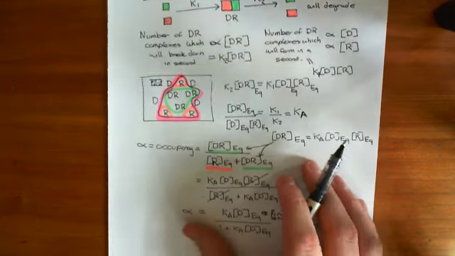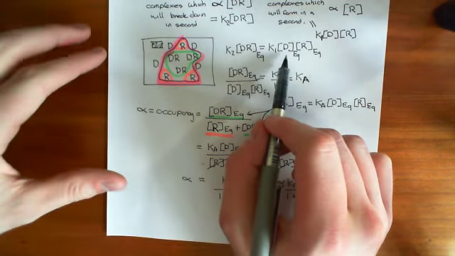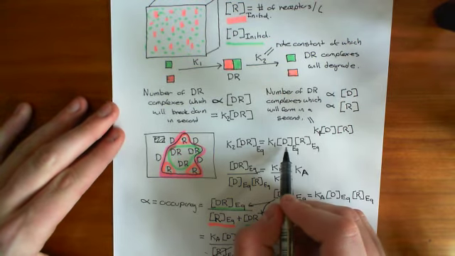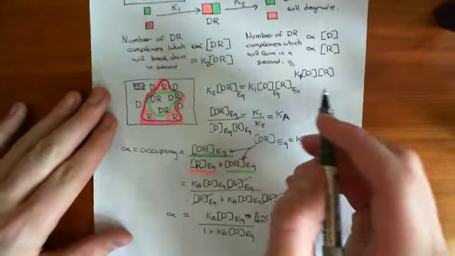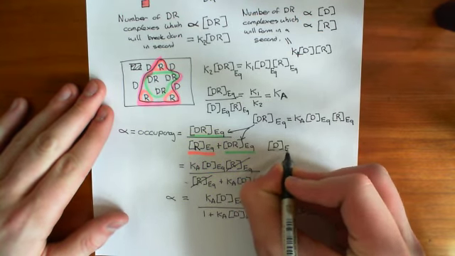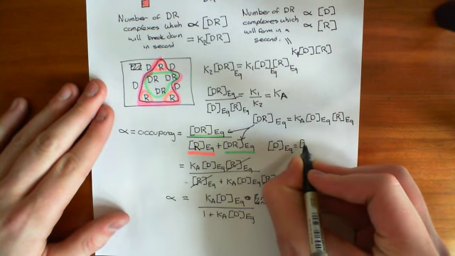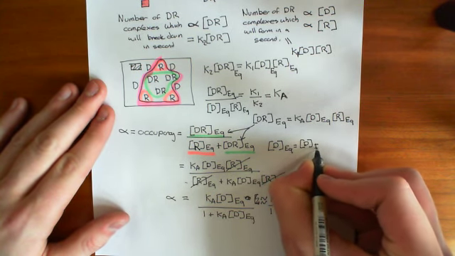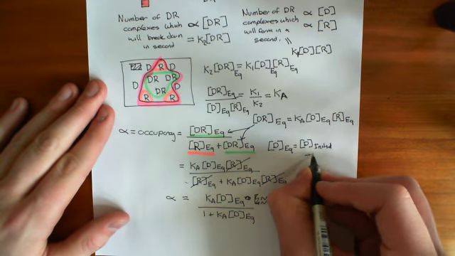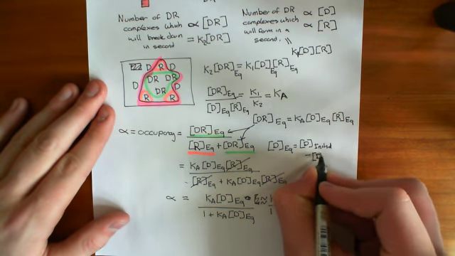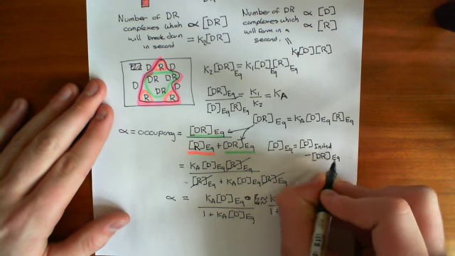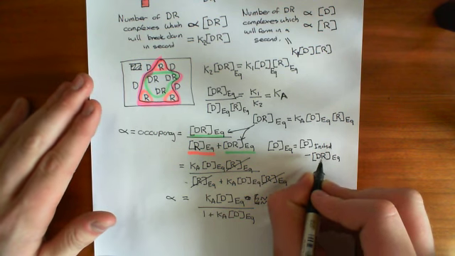So the amount by which you have to decrease the drug concentration from the initial drug concentration to get to the equilibrium drug concentration is tiny, because an equilibrium drug concentration, remember, is the initial drug concentration, subtract the concentration of the drug-receptor complex, assuming that a single drug molecule binds to each receptor.